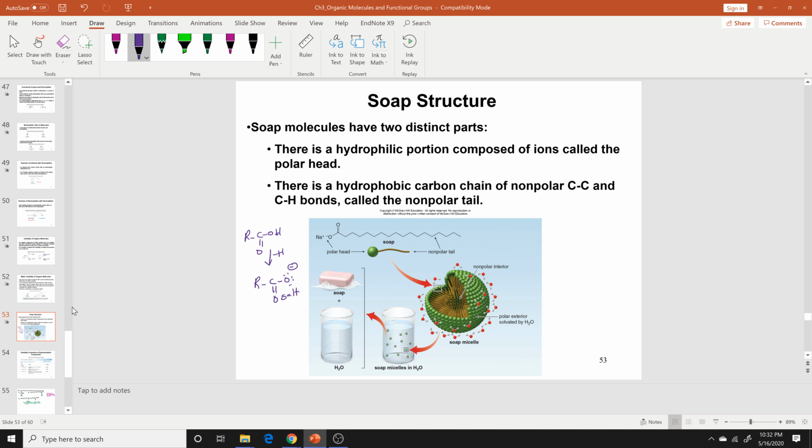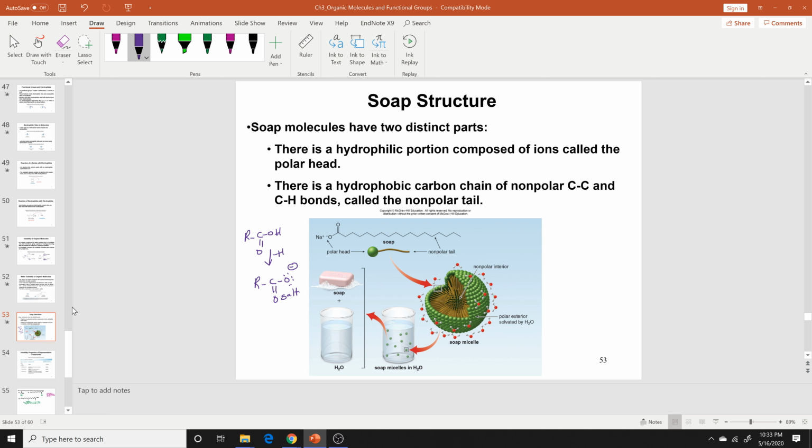What is this? A micelle is the type of arrangement that the soap molecule undergoes, where its polar head normally faces the water and its nonpolar tail stays always away from the water. So it forms like a bubble, like a ball, just to make sure that its nonpolar tail always stays away from the water.